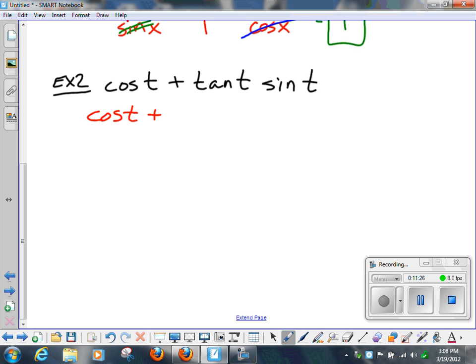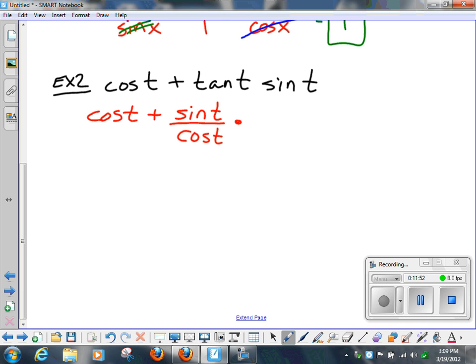I could put it over 1, but let's see how this plays out for just a second. What about tangent? I want to change tangent to sine over cosine, because remember, the instructions said to put everything in terms of sine and cosine. What about sine?